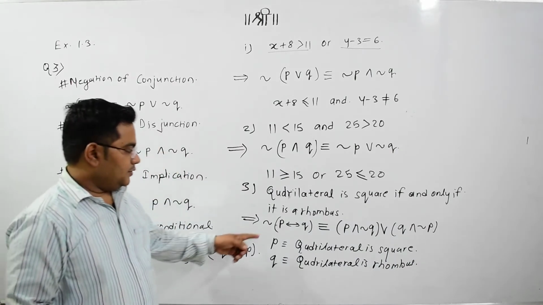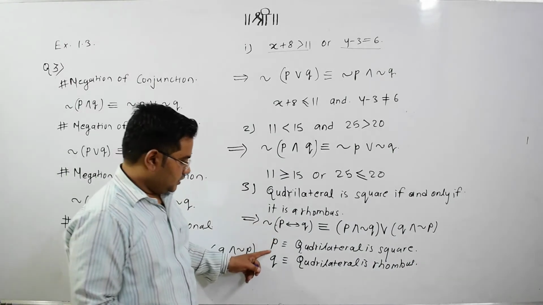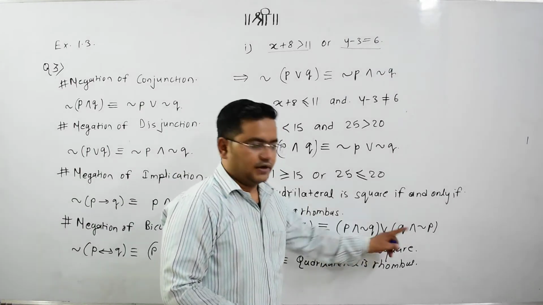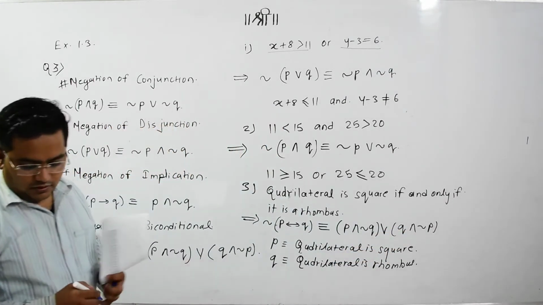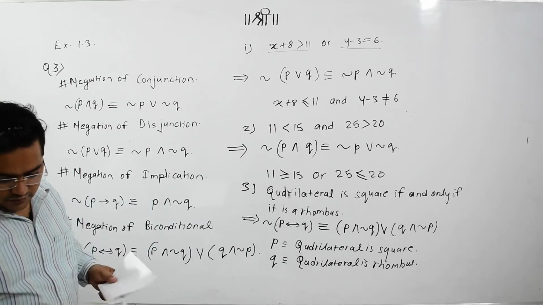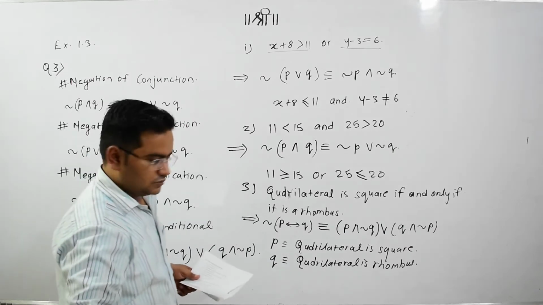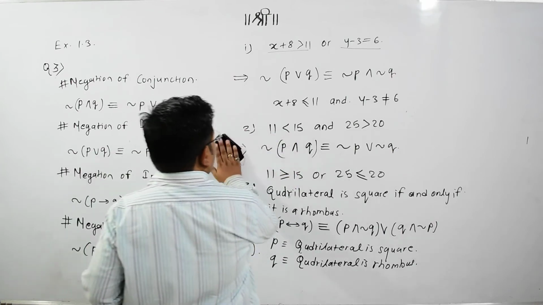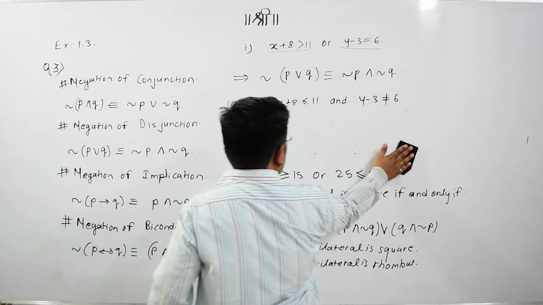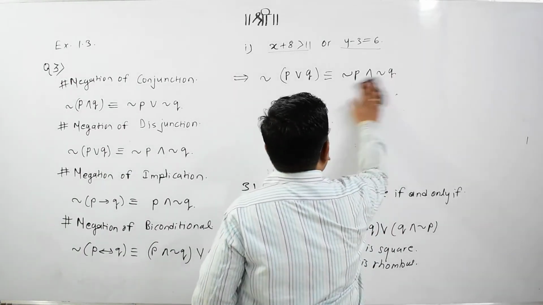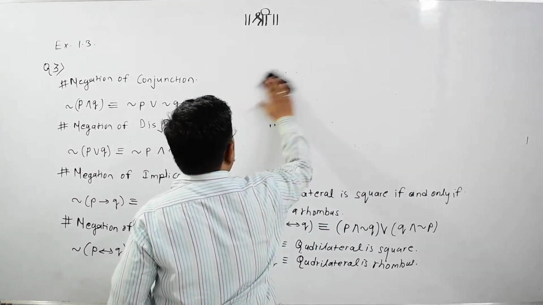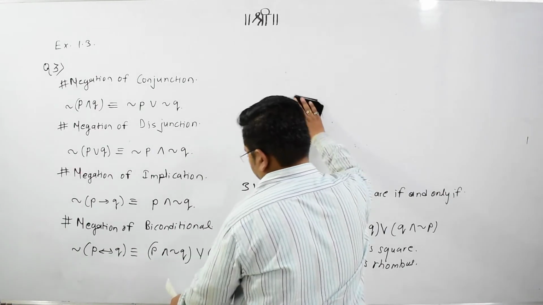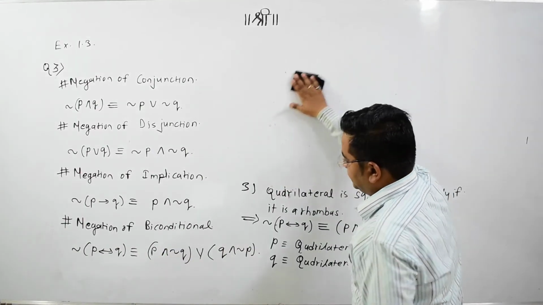So why I am doing this? Because I need to put this P and Q within this format, then only my statement will form. Okay, now to perform this we need to erase this first two questions. Okay, so I am erasing these two questions from here. Hope you got it, how exactly we are forming it. Okay, there is no shortcut, we need to do it step by step using these parameters.